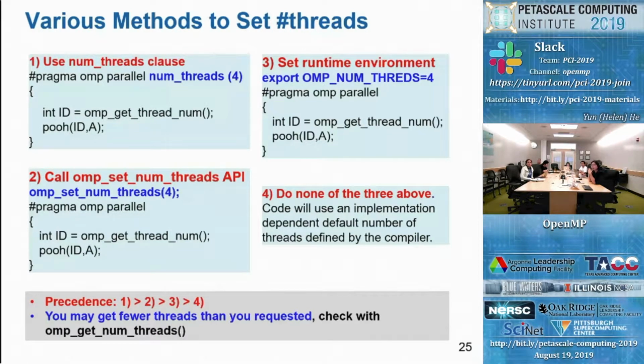The API setting works for all the following parallel regions if you don't change it. And number 1 is that for each parallel region, you can set the number of threads explicitly. It won't affect the next region, which goes back to the 2, 3, or 4 settings. Next slide, please.